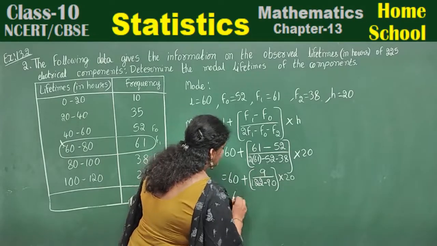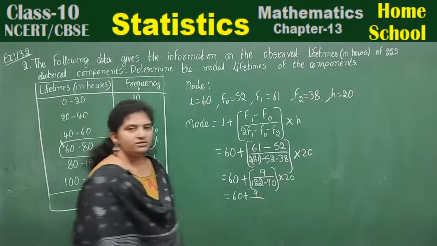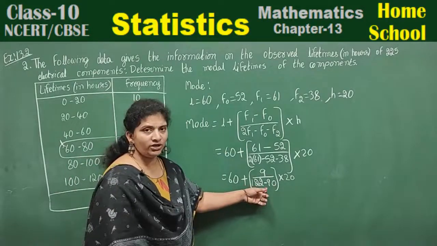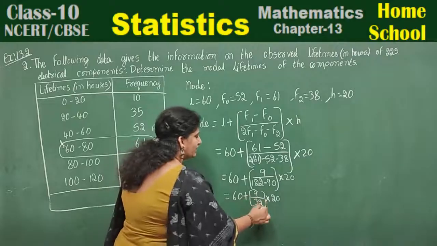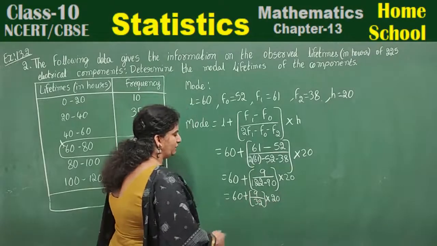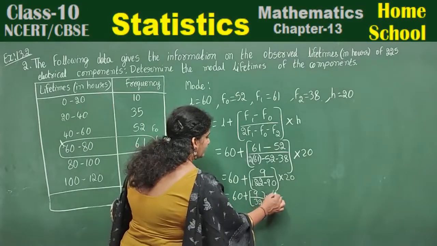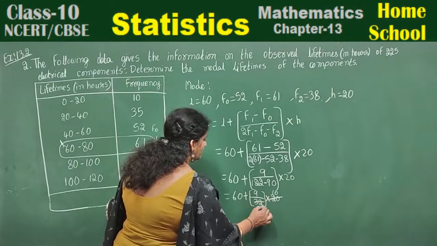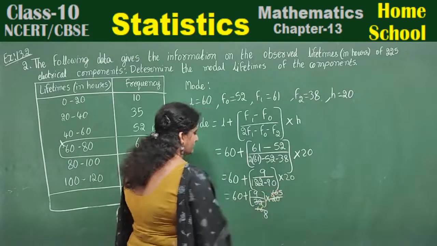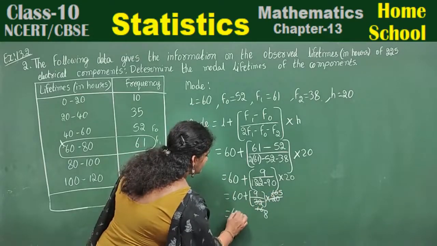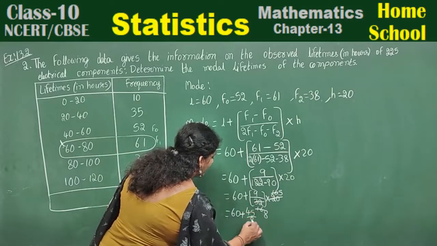Now next step, 60 plus 9 by, subtract this one, how much are you going to get? 32. 9 by 32 into 20. Now can you cancel this? You can cancel with 2 tens, and here 2 16s, 2 8s, 2 5s. So finally 60 plus 9 5s are 45 by 8.